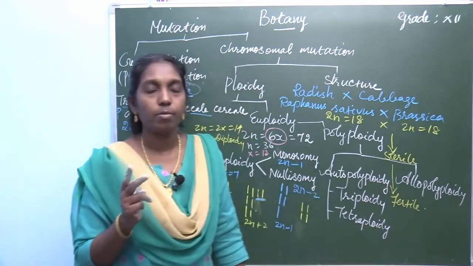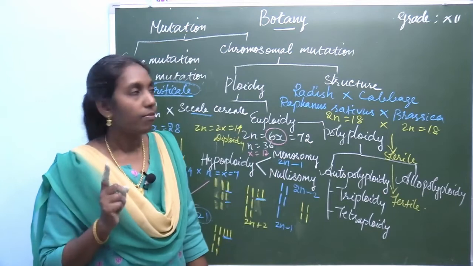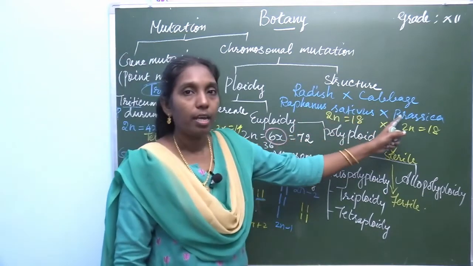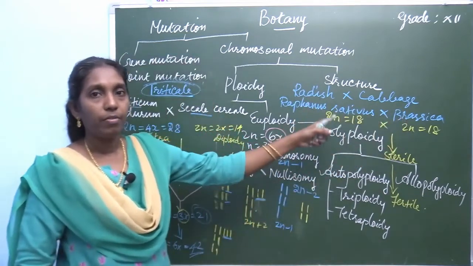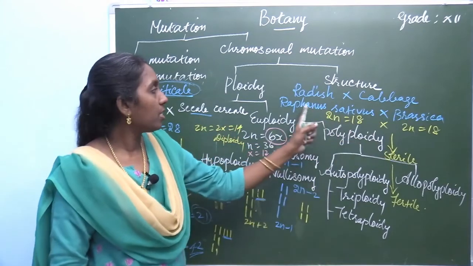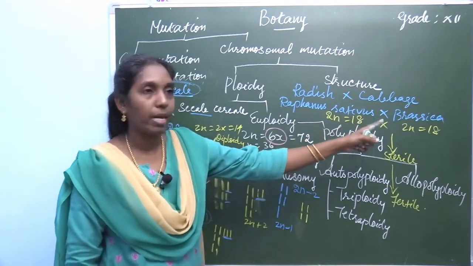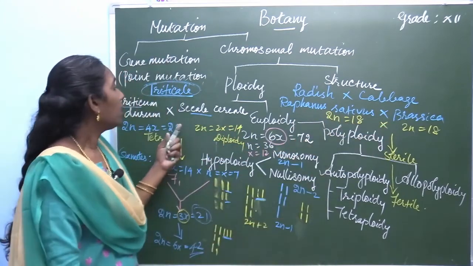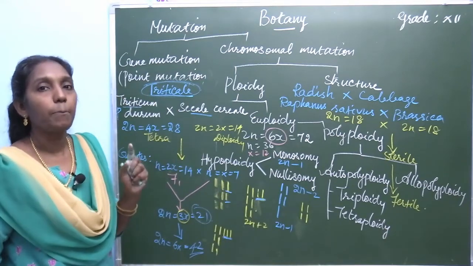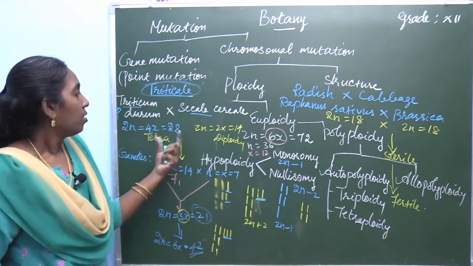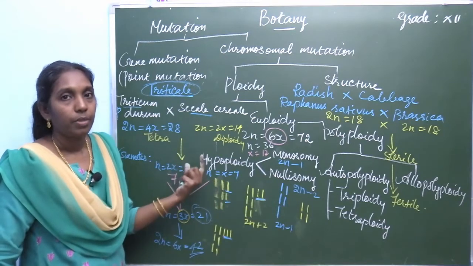Allopolyploidy. There are two examples for allopolyploidy. First one, a cross between radish and cabbage, that is Raphanus sativus and Brassica oleracea. Here is another example, the first man-made cereal. Most of the questions you find this.